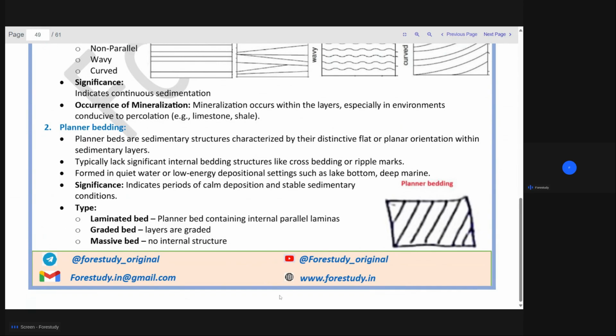In reverse grading, we have fine grain at the bottom, intermediate grain, then coarse grain at the top. Then we have massive beds, which do not have any kind of bedding or internal structures, just a big massive bed of centimeters to maybe meters thick, without any internal boundaries in between.